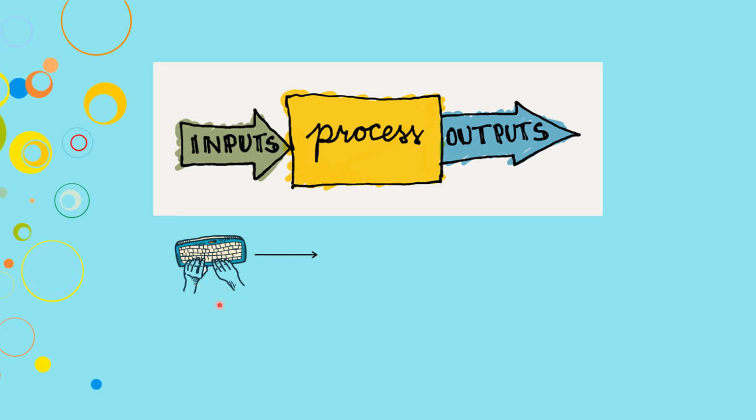An input has been given through keyboard and it will process in the CPU, and after that we can see the result on the monitor. So here input, here it is processing, and here is our output on the screen, on the monitor.